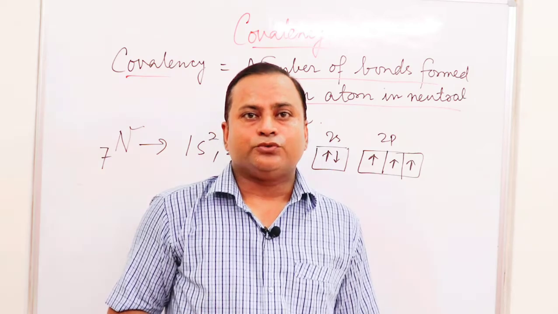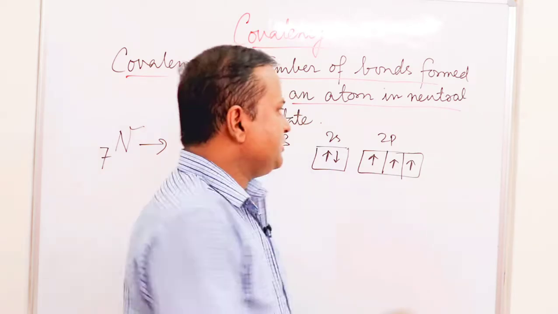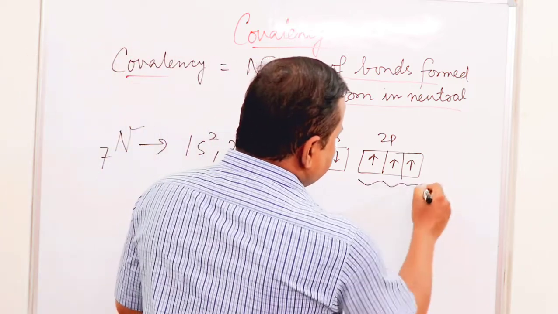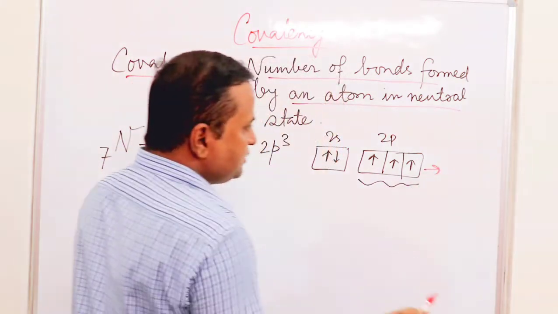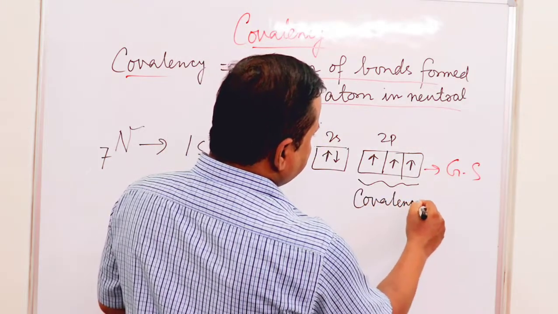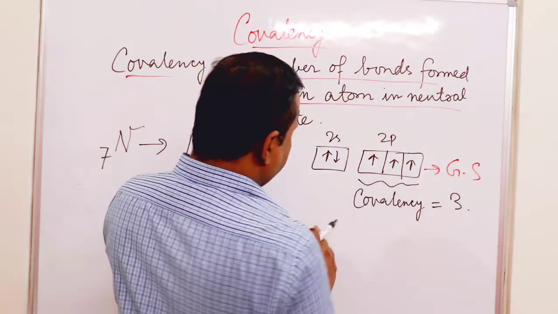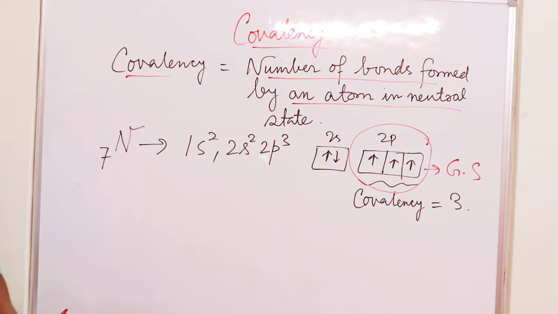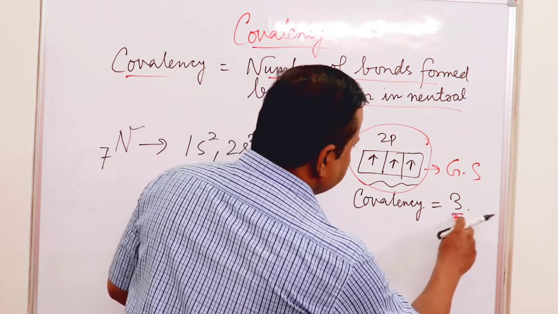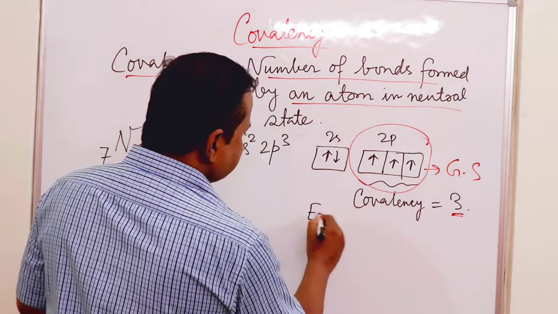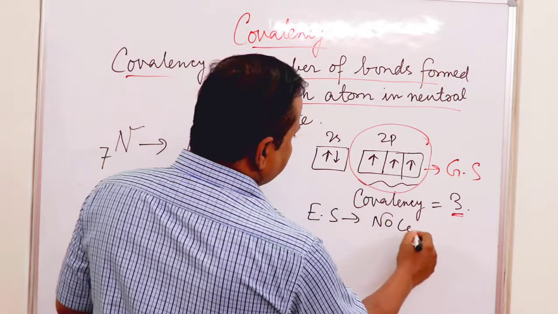If you remember, after 2s, 2p, it is 3s. Nitrogen does not have any vacant orbital. So the covalency of nitrogen is found from the ground state itself, that is 3 only, because here we are seeing there are 3 unpaired electrons. So these 3 unpaired electrons give nitrogen covalency equal to 3. That means it can form 3 bonds. So in excited state, no covalency. You have to remember this.